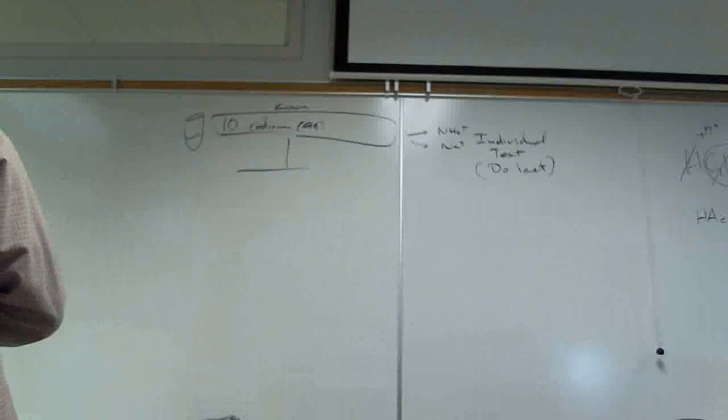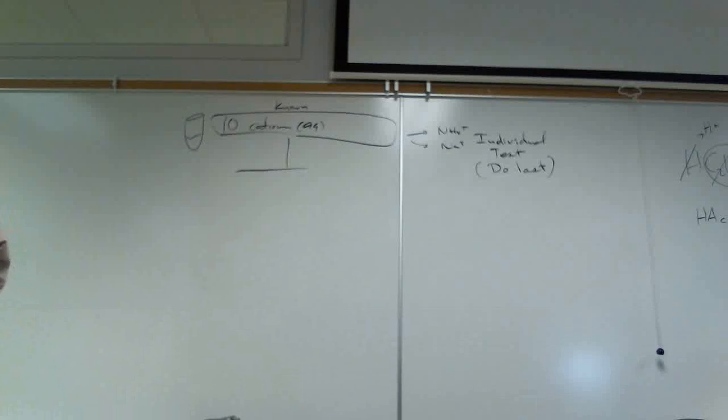Can somebody just read the procedure? You'll notice what the procedure is by looking for something that gives volumes. Most of it is just talking about the reactions, right? Right before the report sheet.